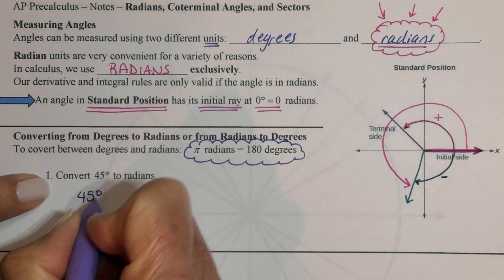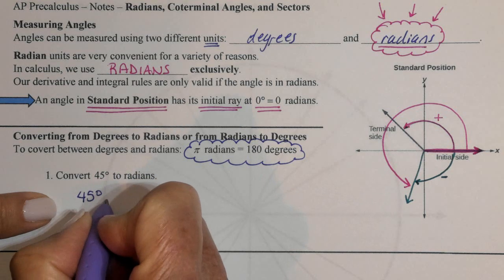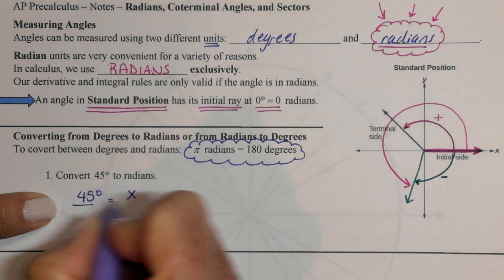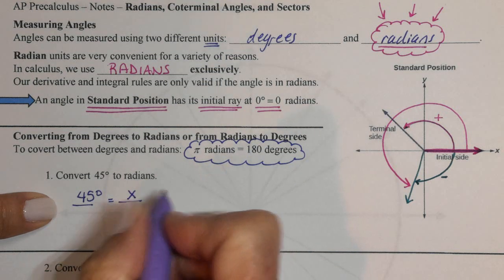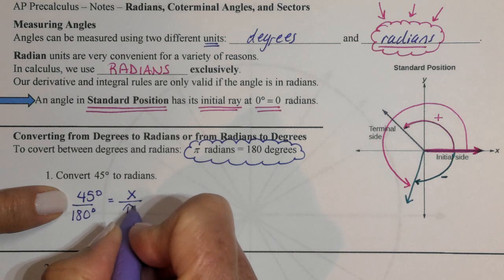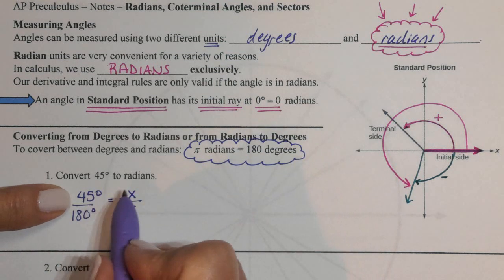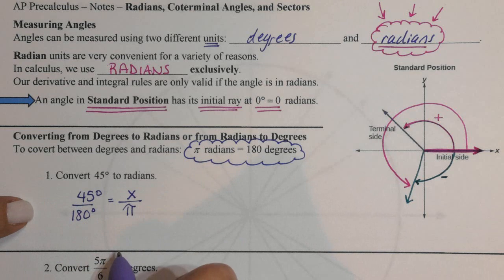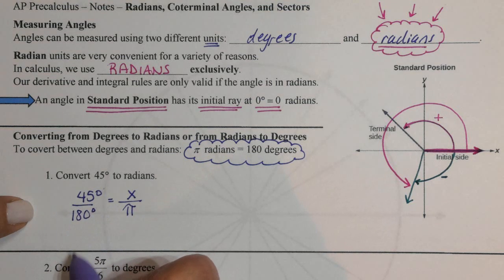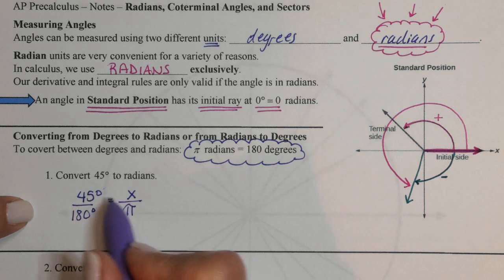Okay? So, let's convert 45 degrees to radians. 45 degrees is how many radians? I know that I'm setting up a proportion. I know that 180 degrees is pi radians. So how many radians is 45 degrees? Do you see how the little degrees cancel? So we're going to be left with radians.